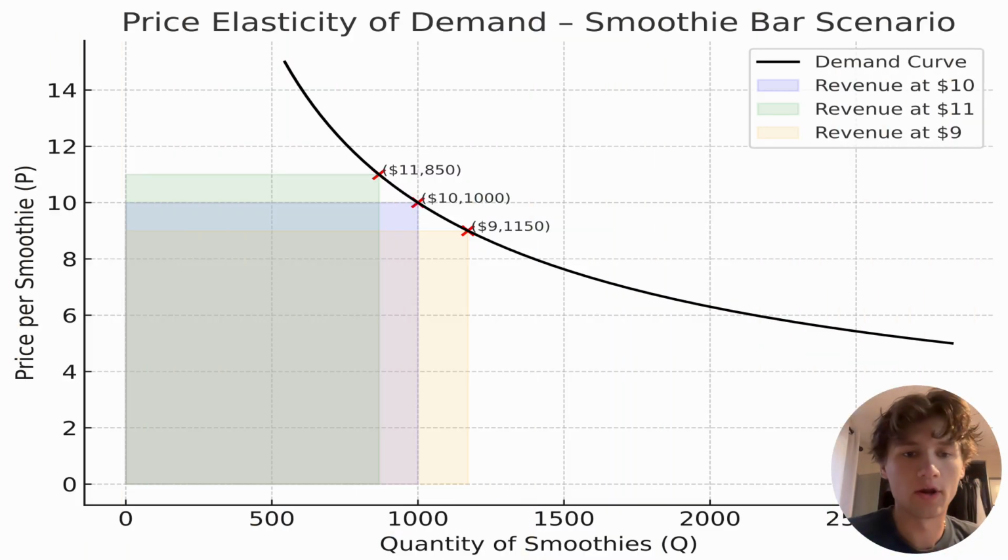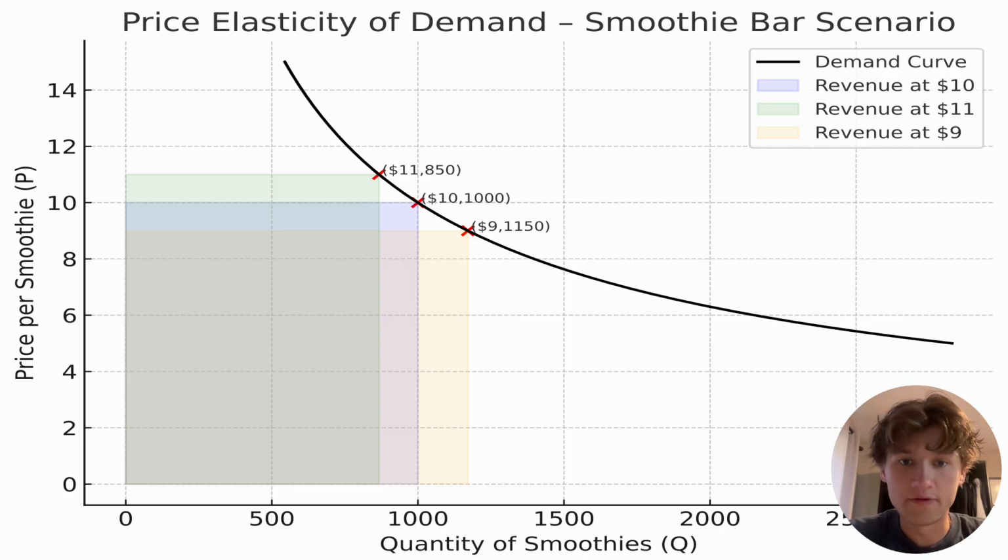Okay, so here's a diagram of the price elasticity of demand for the smoothie bar scenario. We can see our starting point at $10 and 1,000 quantity demanded. The purple box shows our revenue for that specific starting point. And then if we move up to $11, the quantity falls to about 850, and the total revenue actually shrinks. The total area of the green box shrinks.